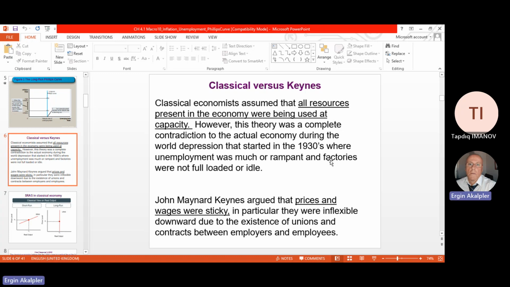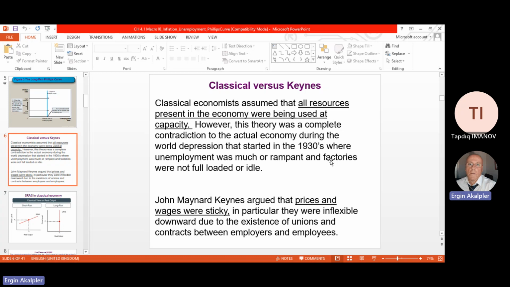John Maynard Keynes, on the other side of the classical view, argued that prices and wages were sticky, and in particular, they were inflexible downward due to the existence of unions. We are talking about the labor unions, which were very resistant and very powerful at that time against changing the prices and the wages, because as much as you lower your prices, this will also affect the output.